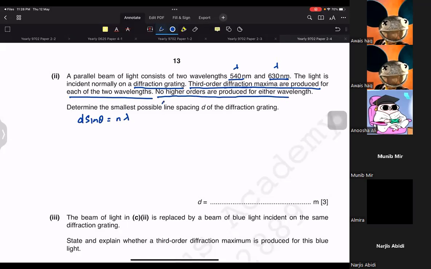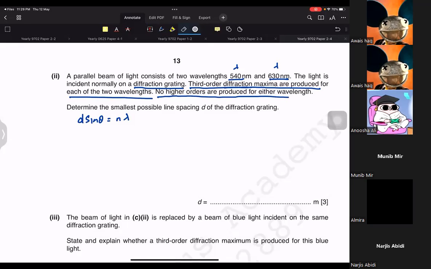Smallest possible line spacing, d. Oh, interesting. Third order, right. Smallest possible line spacing for two amongst these.